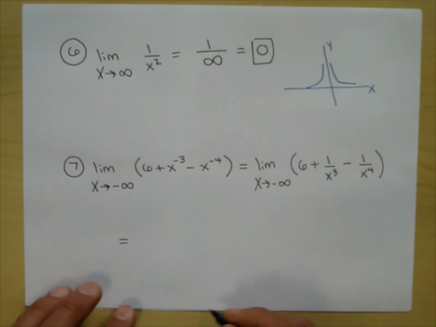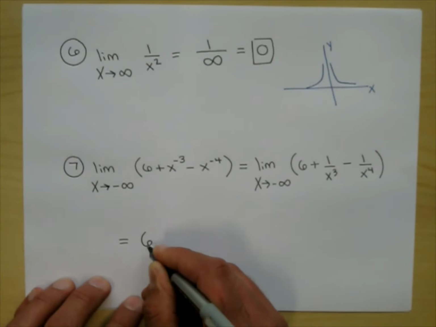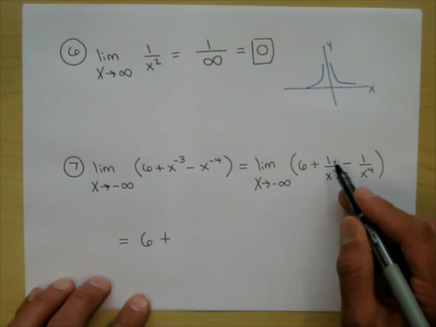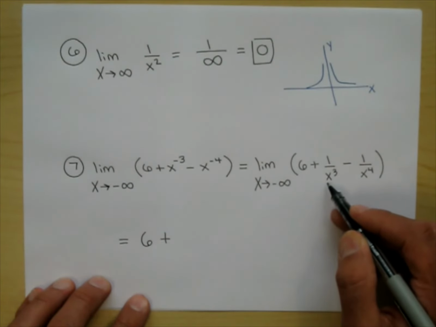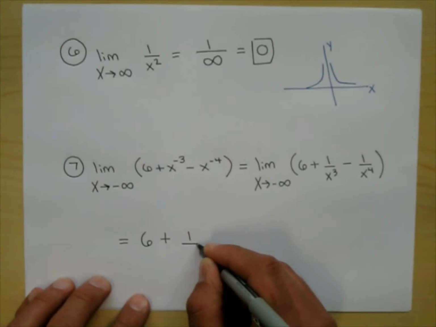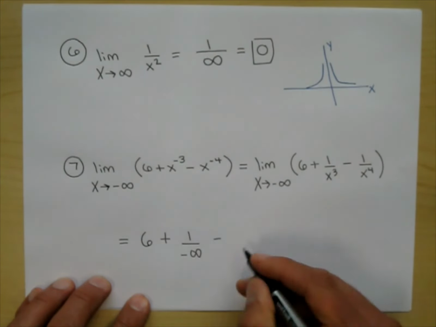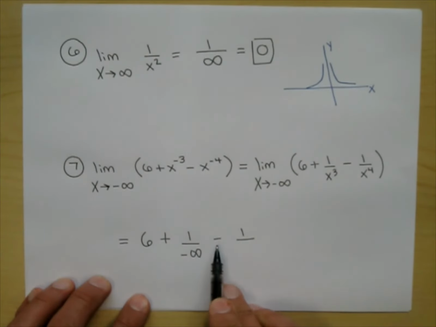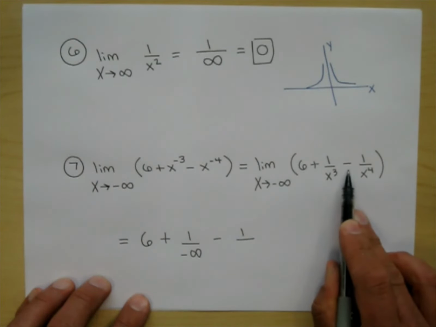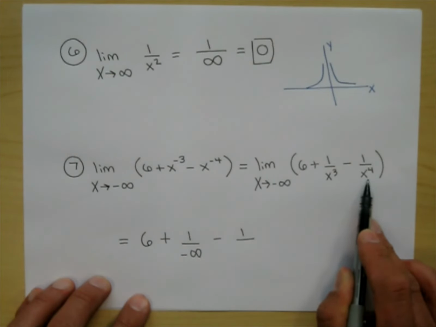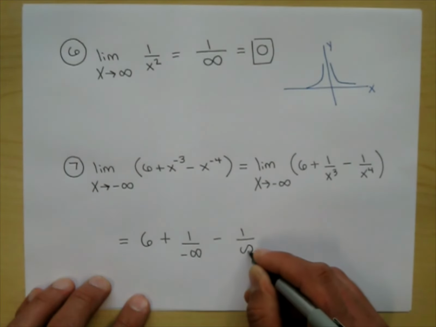Okay, let's put negative infinity in. We have 6 plus 1 over negative infinity cubed, which is negative infinity. And then we have minus 1 over, the minus comes from there, and then negative infinity to the 4th power is infinity.